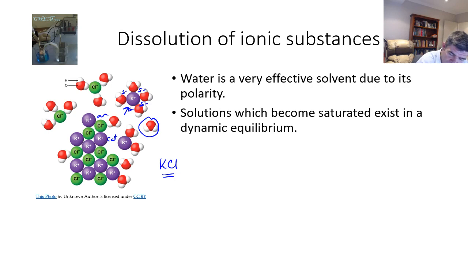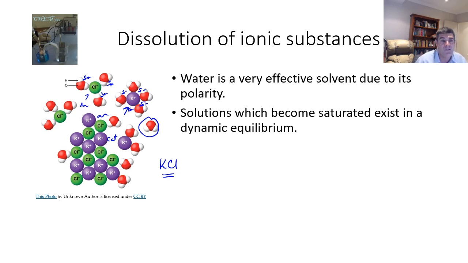Alternatively, you can also see that the slightly positive end of the water molecules are attracted to the anion. So this is how a crystal of an ionic substance is actually pulled apart by water molecules.